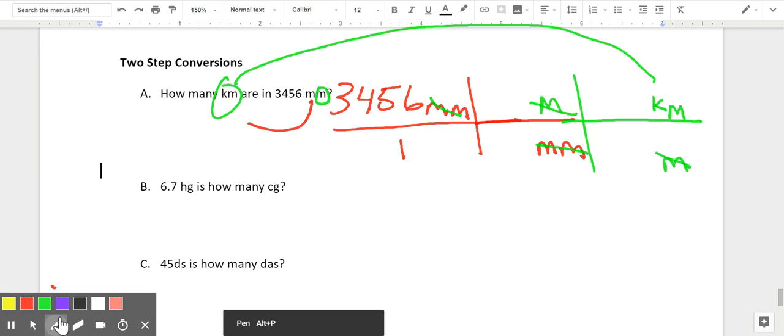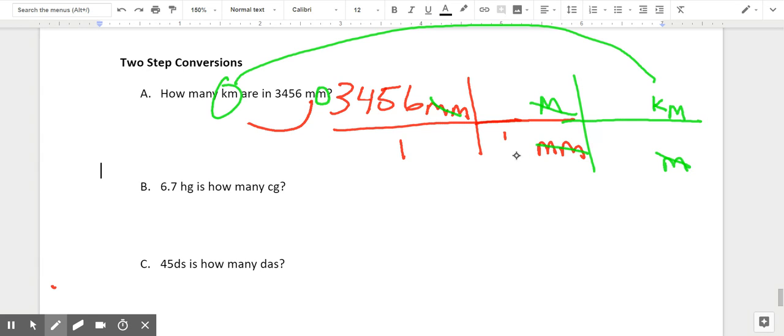Now we have to go back and put our numbers in. Remember, the number 1 always goes with your prefix. And then just like before, for millimeters, there are 0.001 meters in 1 millimeter, and for kilometer, there are 1,000 meters in 1 kilometer. Now you just simply multiply across the tops and bottoms just like we did before.